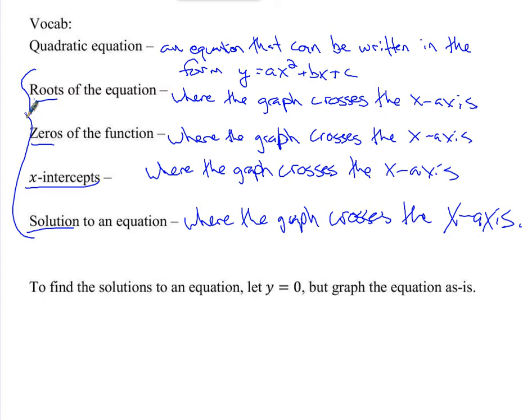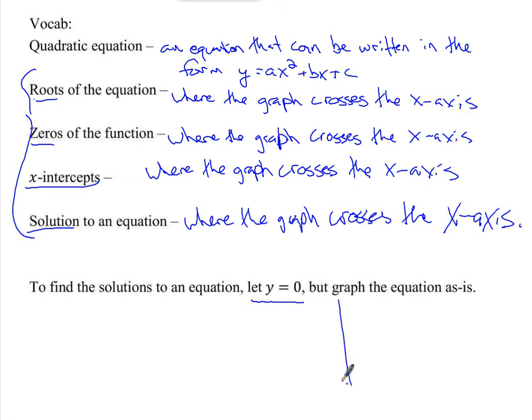To find the solutions to an equation, let y equal 0. So you'll turn this y right here into 0. And then graph the equation as is. What you're doing is you're saying when y is equal to 0, where is the graph?